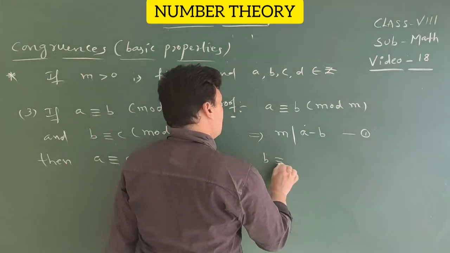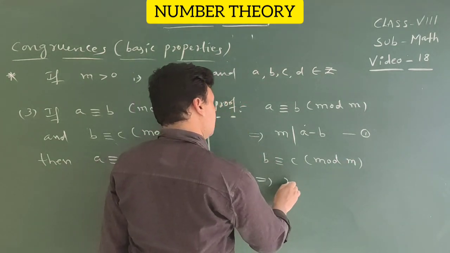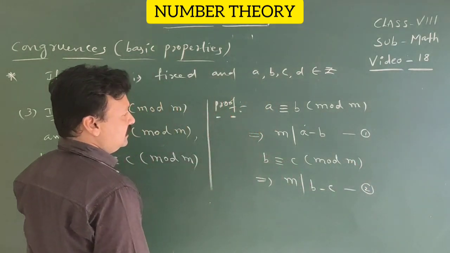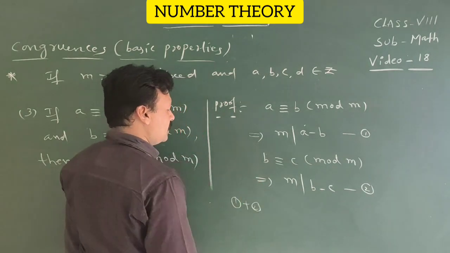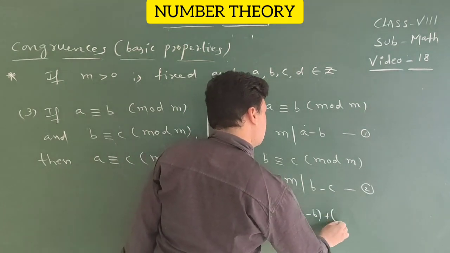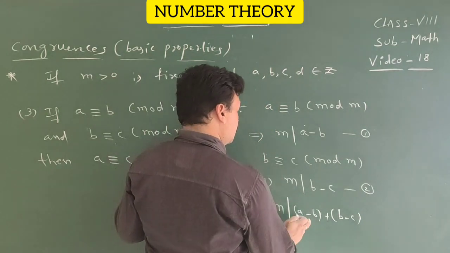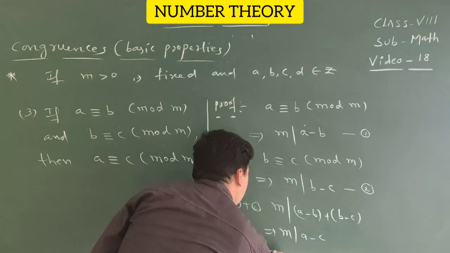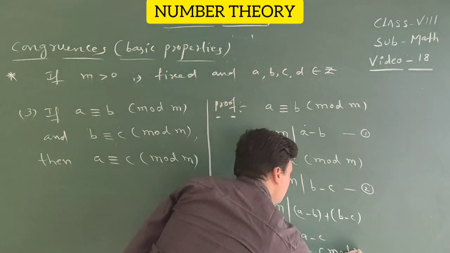Next, b congruent to c mod m, so we can say m divides b minus c. That is the second one. If you add first and second, m divides a minus b plus b minus c. Here minus b and plus b cancel, so m divides a minus c. Here m divides a minus c means a is congruent to c mod m.